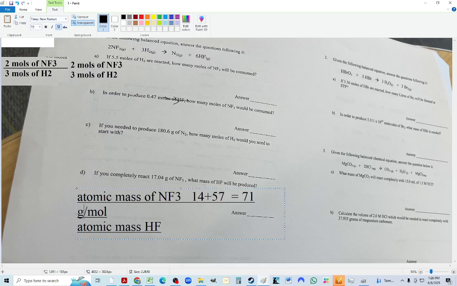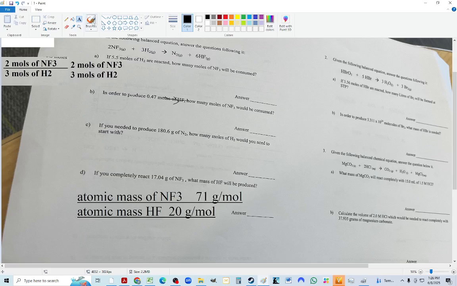Try to always use the units. And HF, we already know H is 1 and F is 19. So this one has a mass of 20 per mole. And the reason we use moles is you can see these masses are different things, yet the relationship with their moles is what will react. So we can't use mass. We always have to convert to moles.